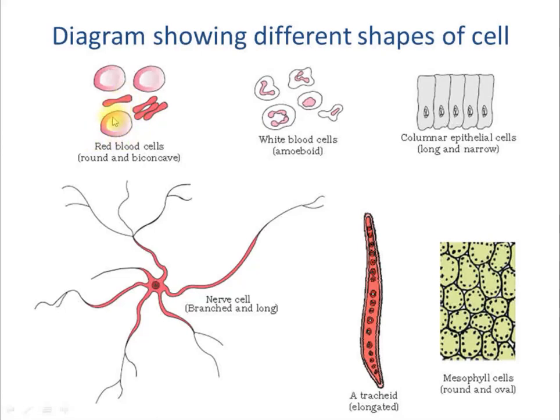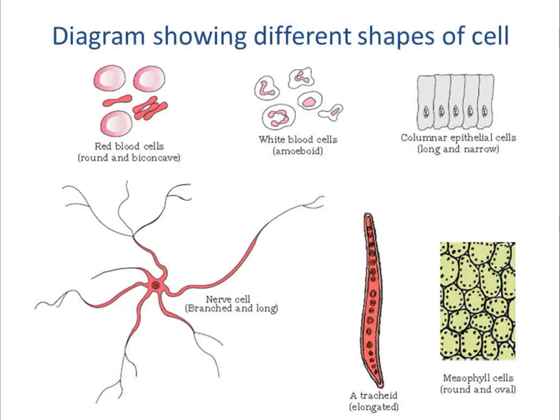Now why is there a need for such a shape? That is the first question that we are going to discuss. For that you should know the function of RBC. As we have discussed, they are red in color because of the presence of the pigment hemoglobin, which is a respiratory pigment, right? Respiratory pigment means it is responsible for the transfer of gases, primarily oxygen and carbon dioxide.